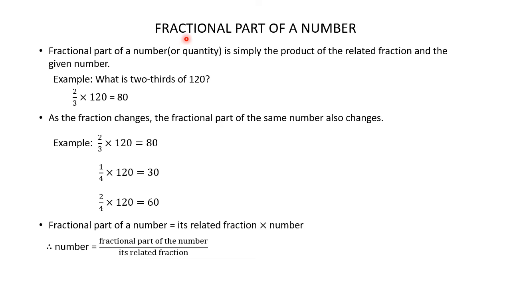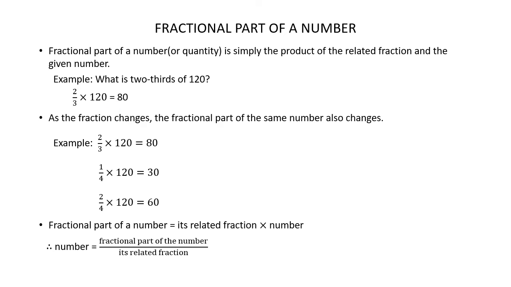Now let's understand the concept of fractional part of a number. Fractional part of a number or quantity is simply the product of the related fraction and the given number. Let's understand this with an example. What is 2/3 of 120? 2 by 3 multiplied by 120 is 80.